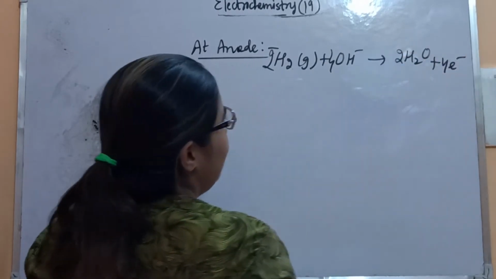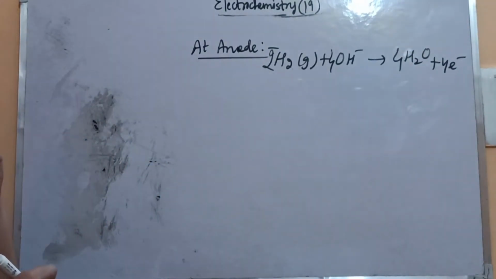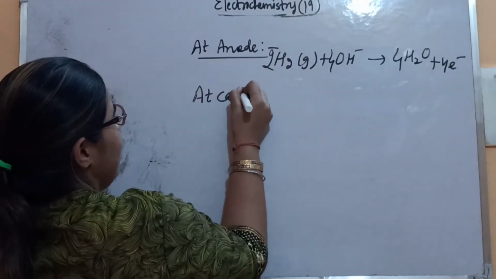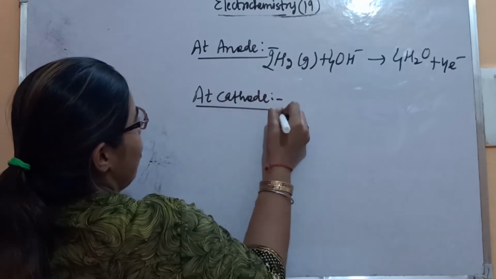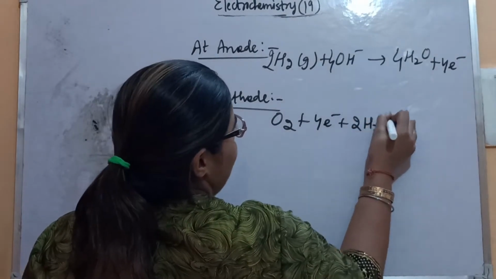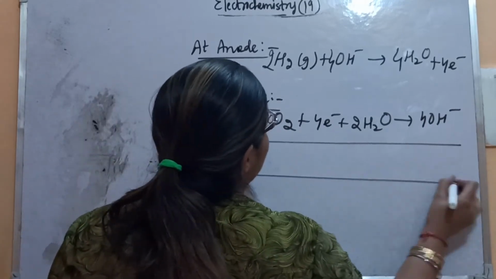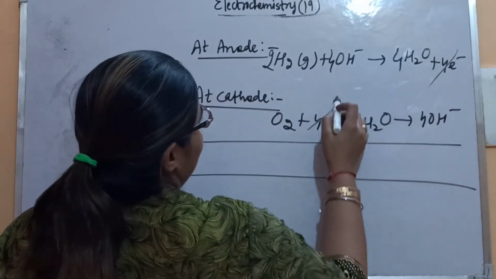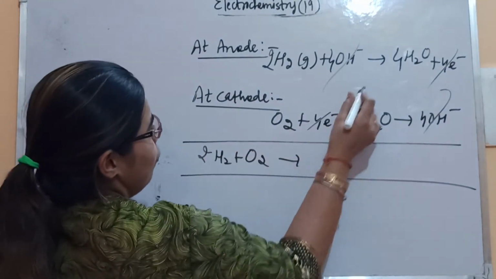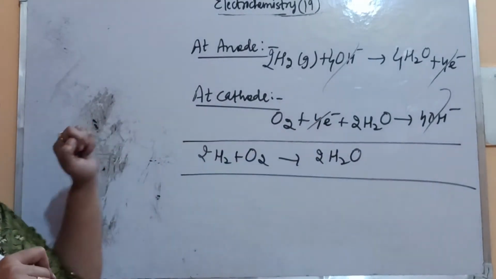At the cathode, oxygen gas is bubbled. Oxygen accepts these 4 electrons and 2 water molecules, providing 4 OH minus ions. In the overall reaction, these cancel out, and you are left with 2H2 plus O2 giving 2H2O.